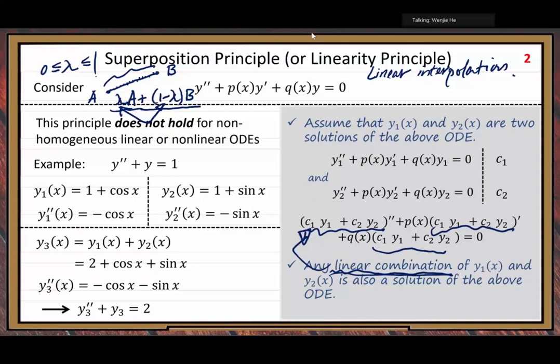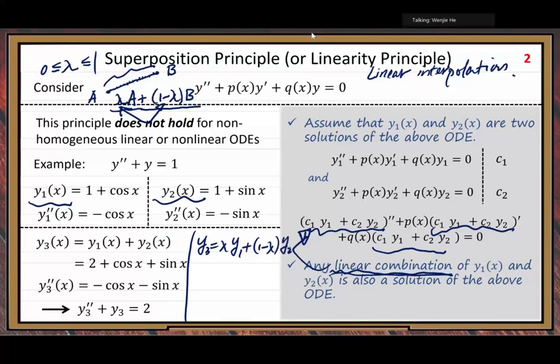Now, with this preparation, I want to move here. When y1 is a solution and y2 is a solution, we want to do linear interpolation of y1 and y2. So what do we do? This time, our y3 equals lambda y1 plus 1 minus lambda y2.